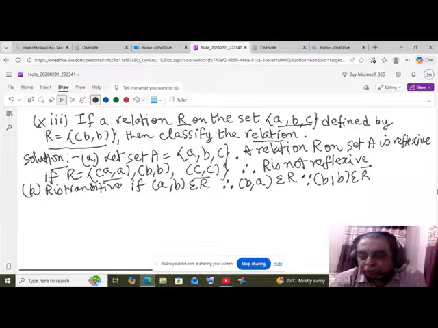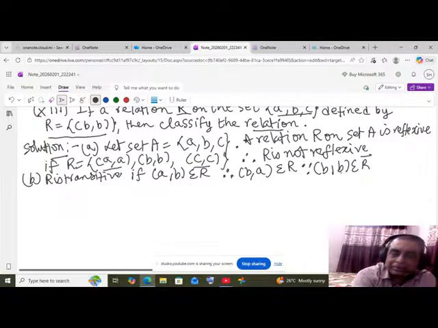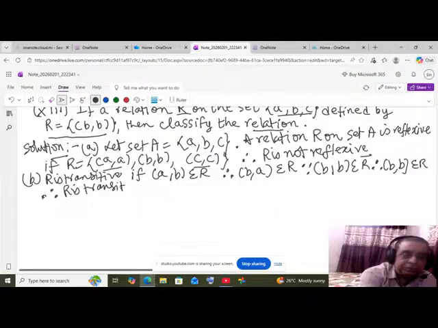If I change the order, writing the second element first and the first element second, we still get the same ordered pair (b, b), which is also an element of R. So R is transitive.